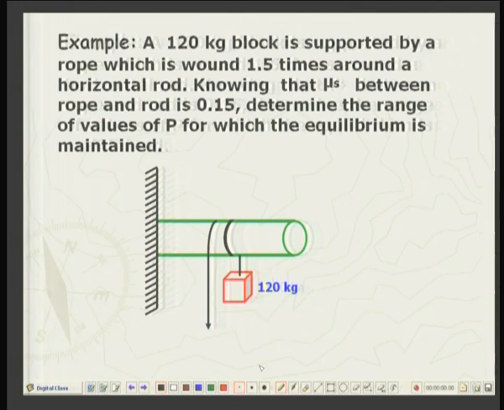A block of weight 120 kilogram is supported by a rope which is wound 1.5 times around a horizontal rod. It can be easily seen that this is the block of mass 120 kilogram, and it is being held with the help of a rope which is wound on this horizontal rod.